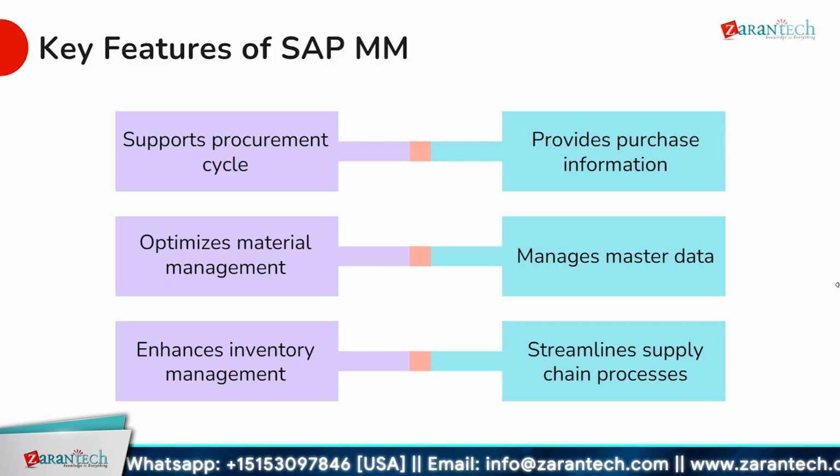It optimizes material management by supporting material master data maintenance, classification, and valuation. SAP MM enhances inventory management through features like batch management, serial number tracking, and shelf life management. It streamlines supply chain processes by integrating with other SAP modules such as production planning and quality management.